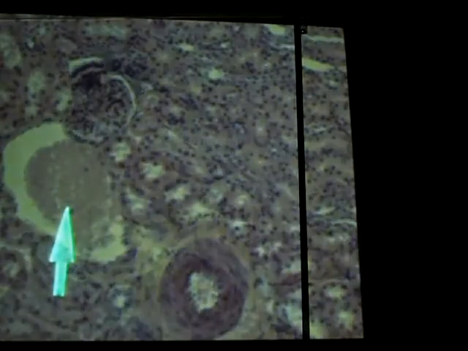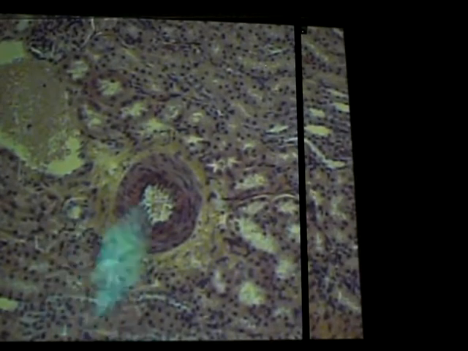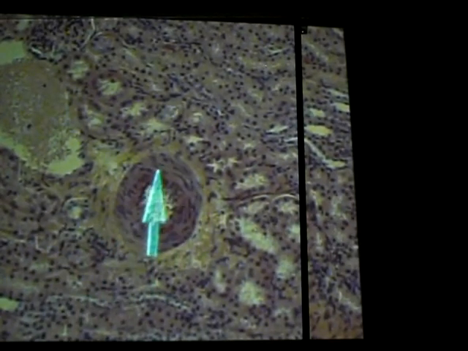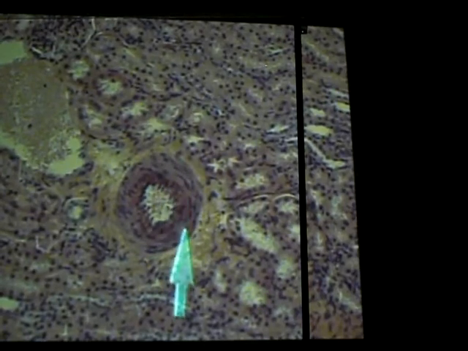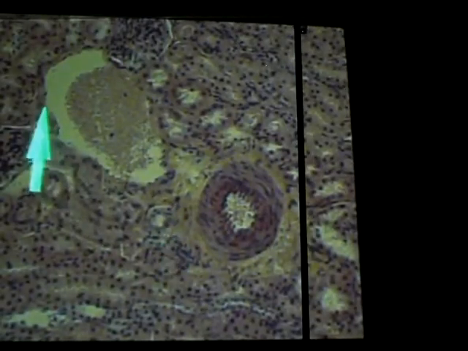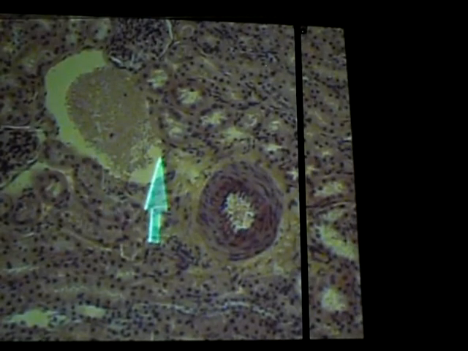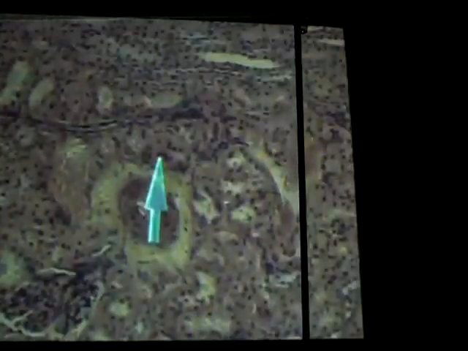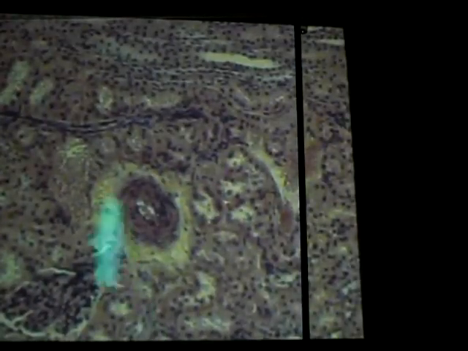Remember our artery has endothelium surrounded by smooth muscle, this large wall of smooth muscle. That would be your arcuate artery, and lying right beside it would be the vein. That's always at the boundary of your cortex and medulla. Here's another one, your arcuate artery and arcuate vein.